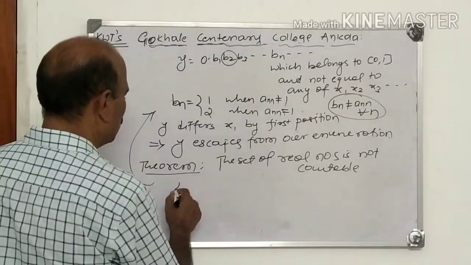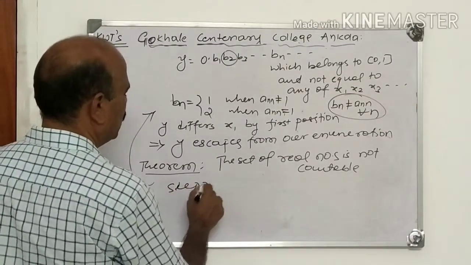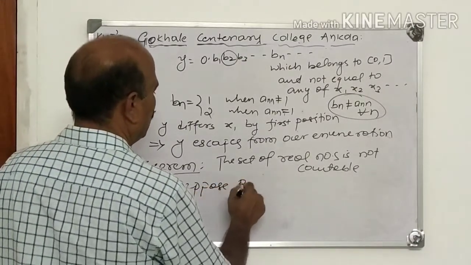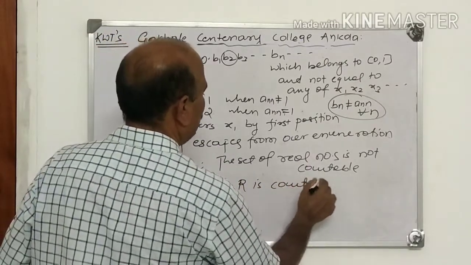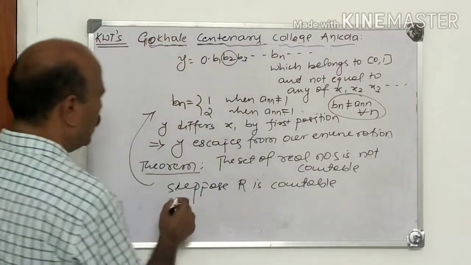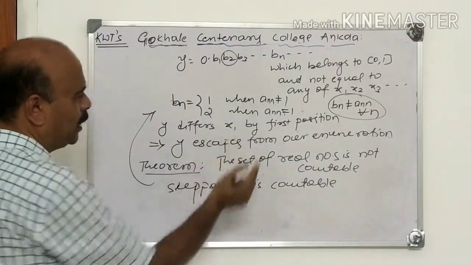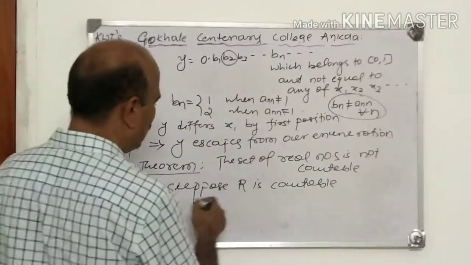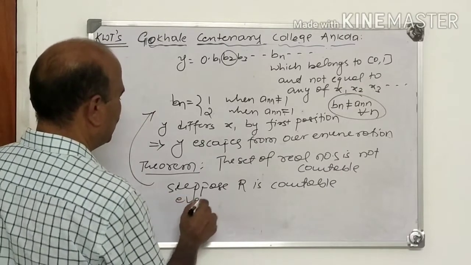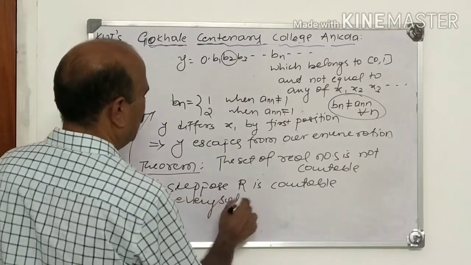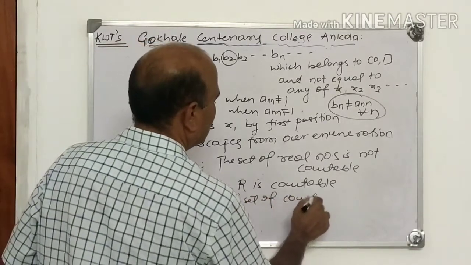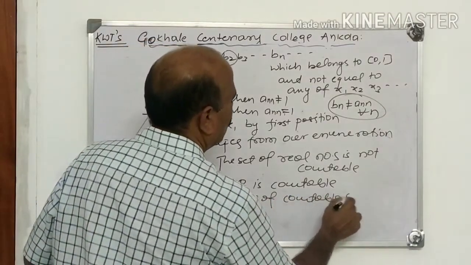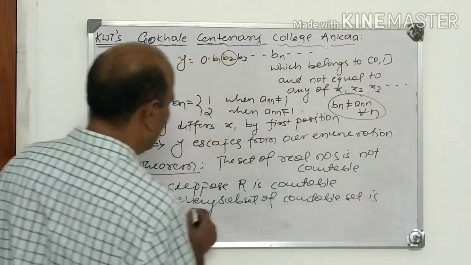Now, the proof of this. Suppose the set of reals is countable. Now we have proved in the earlier videos, I explained that one: every subset of a countable set is countable.